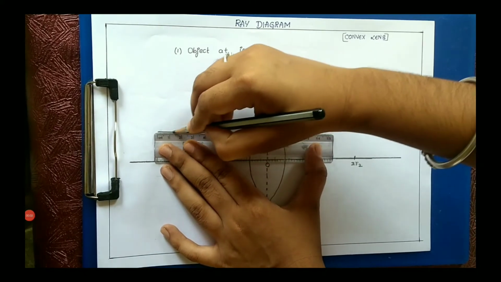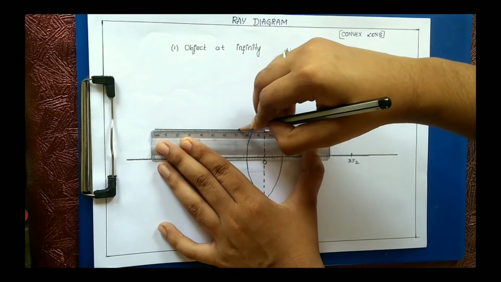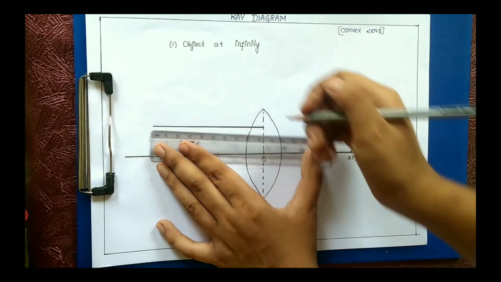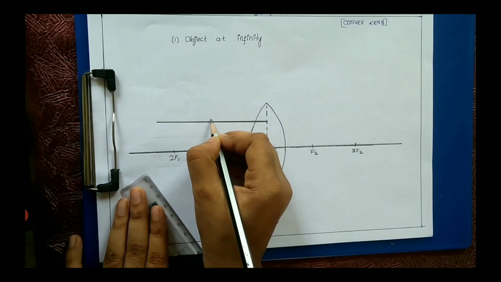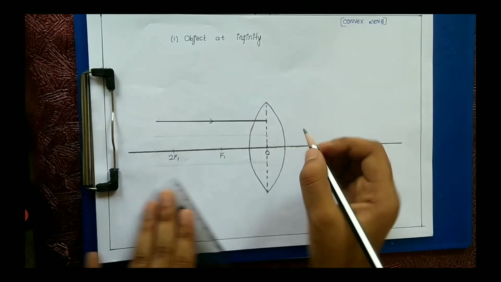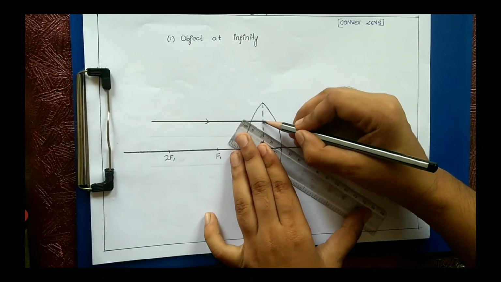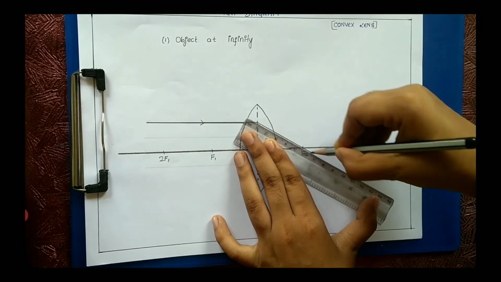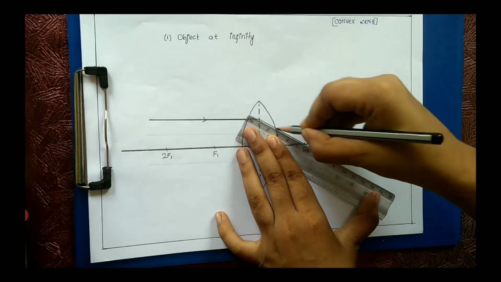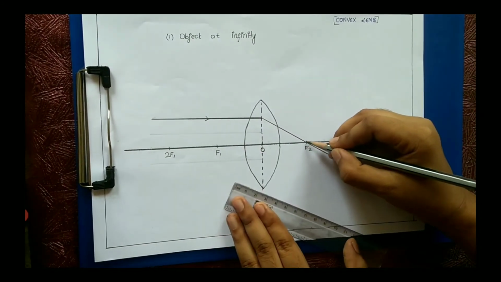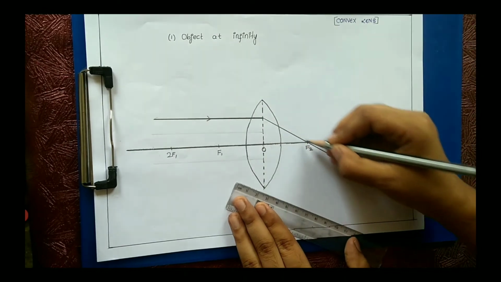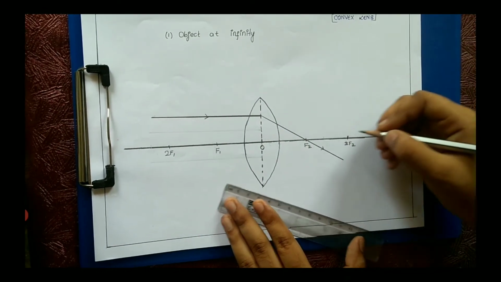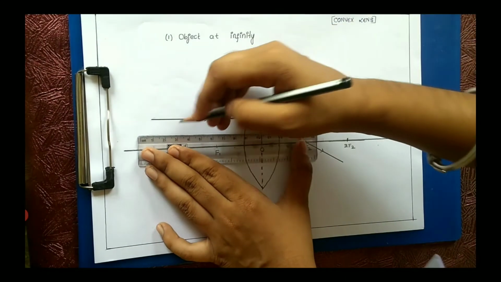Draw a line parallel to the principal axis. You know that when the object is at infinity, the parallel rays from the object fall on the lens and refract. After refraction, these rays pass through the principal focus on the other side. So this is a refracted ray which passes through the principal focus.